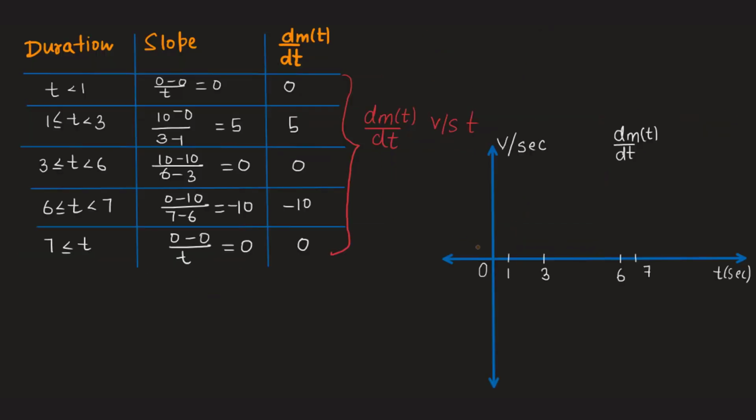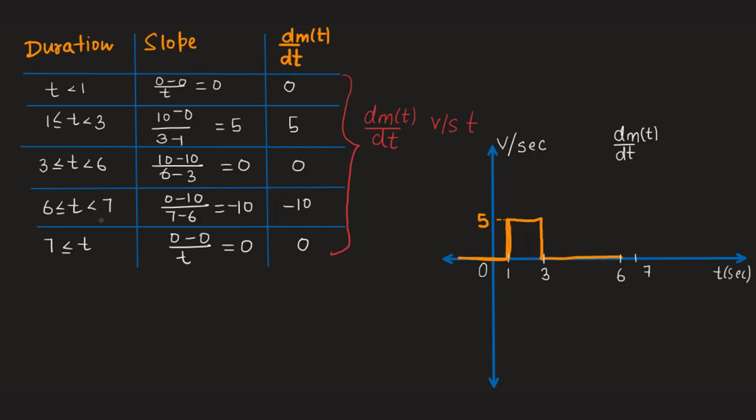We now plot the derivative of the message signal. As can be seen, for t less than 1, the derivative has 0 value, so we plot it to 0. For t between 1 to 3, the derivative has a value of 5. We plot it to 5. Between t 3 to 6, derivative has a value of 0.